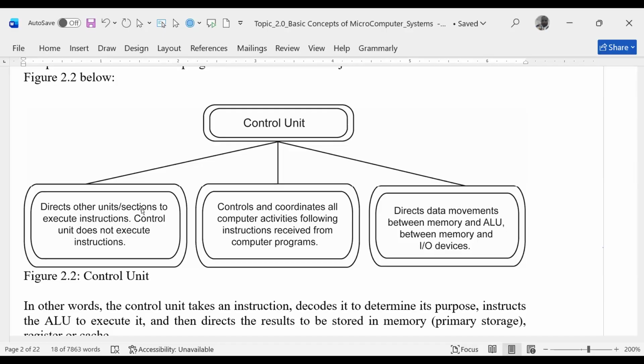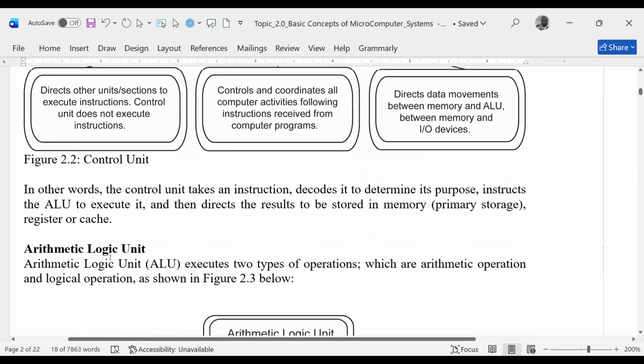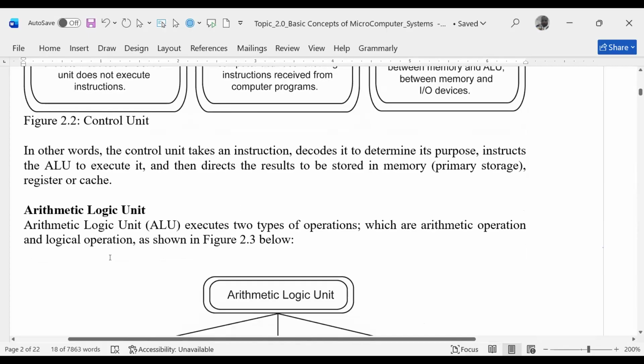So you should note that the CPU is divided into two main components, CU and ALU. The CU itself does not execute any instruction in a computer system. It's like the human brain, as I said. So if your computer's CU is not working, then your computer will not work, because in a human being, if the brain is not working, it's unlikely that you can perform the job well.